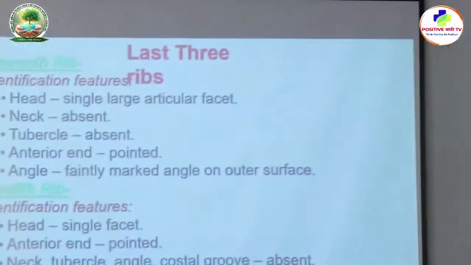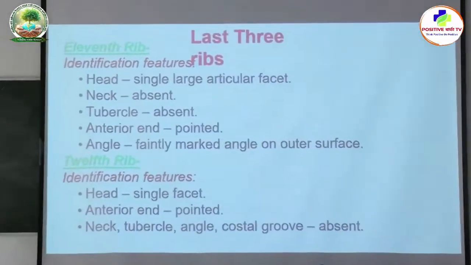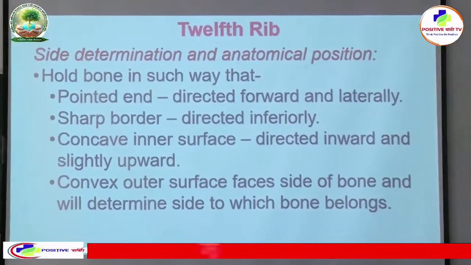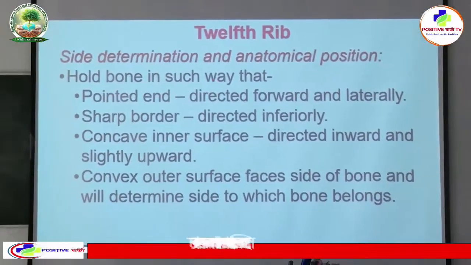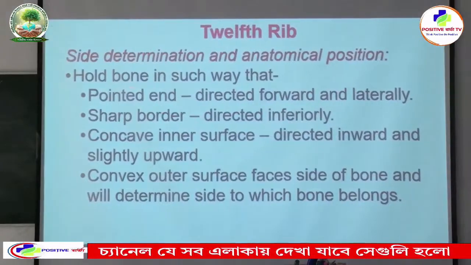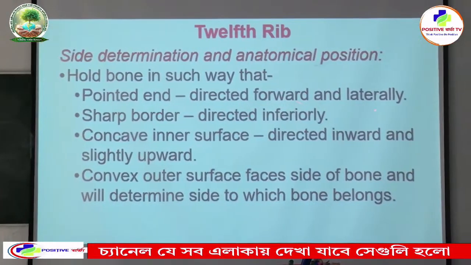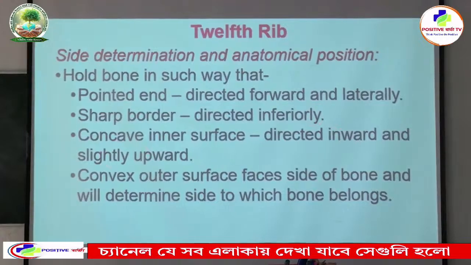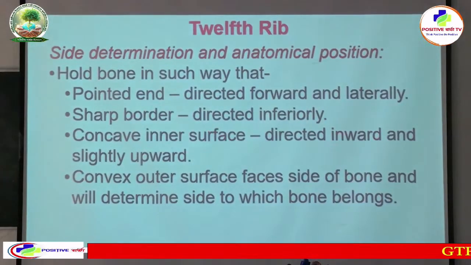Okay, now we go to the attachments of 12th rib. So for side determination and anatomical position, hold the bone in such a way that the pointed end is directed forward and laterally, the sharp border is directed inferiorly, and the concave inner surface is directed inward and slightly upward.